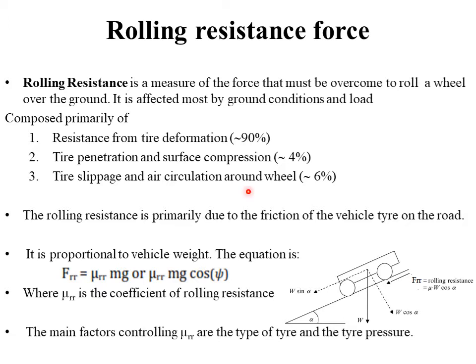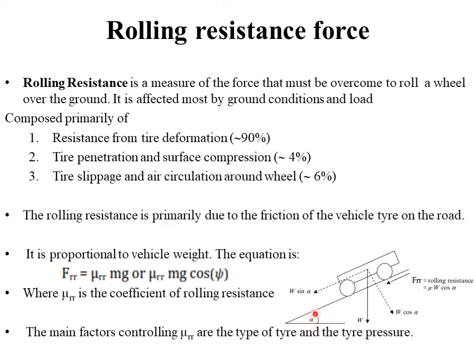So now we will see the rolling resistance force. This rolling resistance is a force that must be overcome by the vehicle to roll a wheel over the ground. It is a type of frictional force that happens when a wheel or tire is rolling on a particular surface. So we'll see what is the expression for this rolling resistance force. Consider a vehicle which is moving in this particular direction on an inclination alpha.